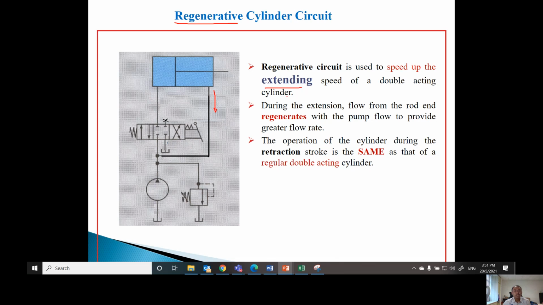With this kind of configuration, the speed that is going to be faster is only during the extension, because during the extension, the flow coming from the rod end regenerates. This is the rod end. The flow coming from the rod end will regenerate with the flow from the pump.